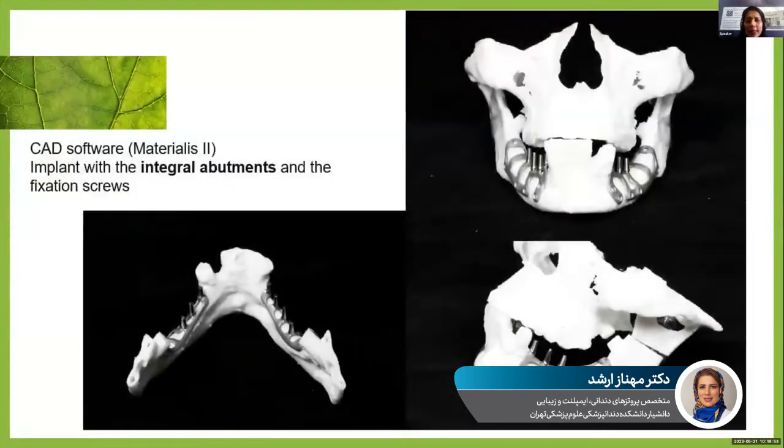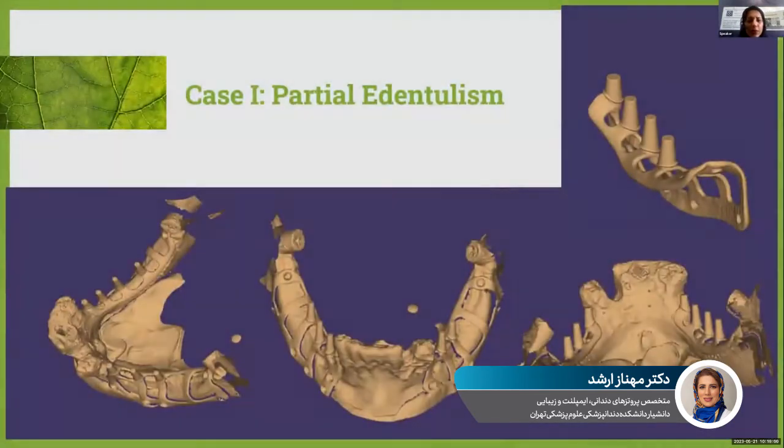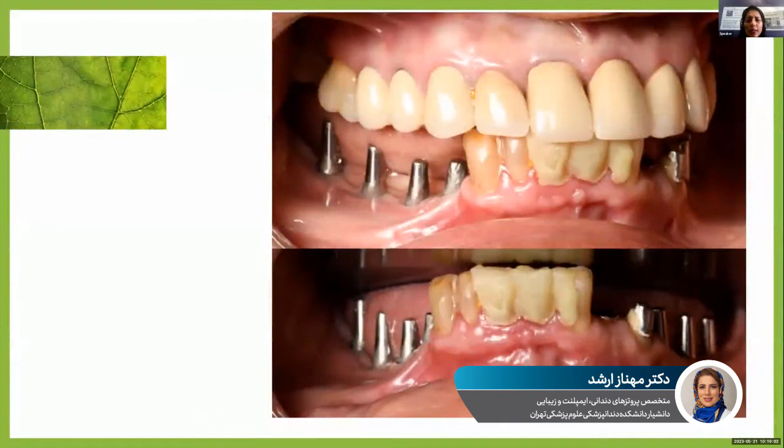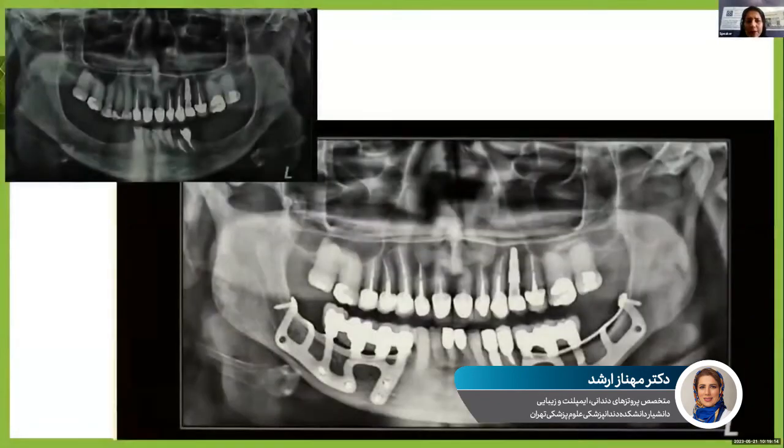And you see the subperiostal implants that's ready. The patient went to the surgery room and had the surgery, and you see the subperiostal implants in her mouth. After that, we prepared and made the prosthesis, and you see the patient at 3 years follow-up, and you see the radiograph of the patient, and it's good. We are satisfied with the result of this patient.